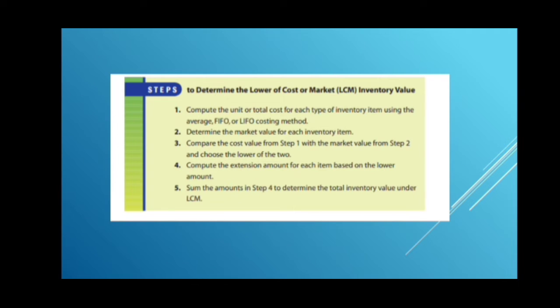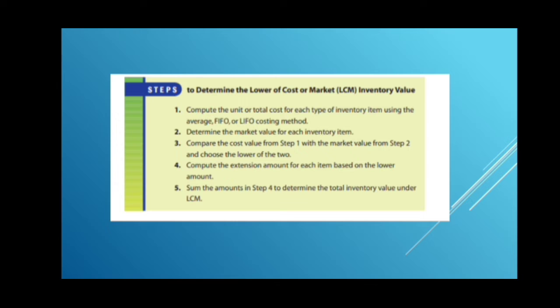There are steps to determine the lower of cost or market, or LCM, inventory value. First, compute the unit or total cost for each type of inventory item using the average, FIFO, or LIFO costing method. Second, determine the market value for each inventory item.